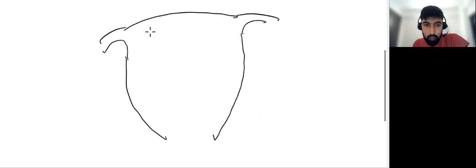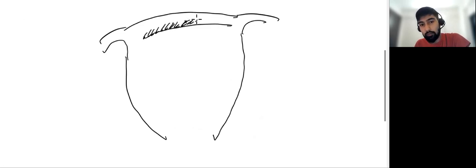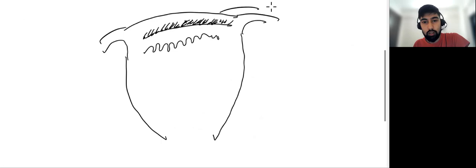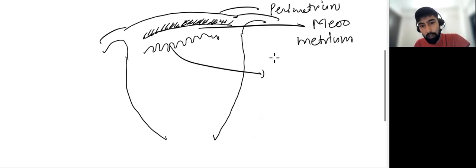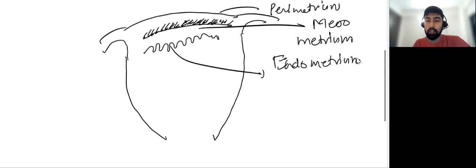It has 3 layers: the outer layer perimetrium, the middle layer myometrium, and the internal layer endometrium. The internal layer is called the endometrium, right? And that's what is there.